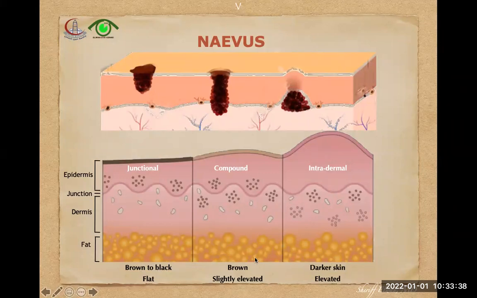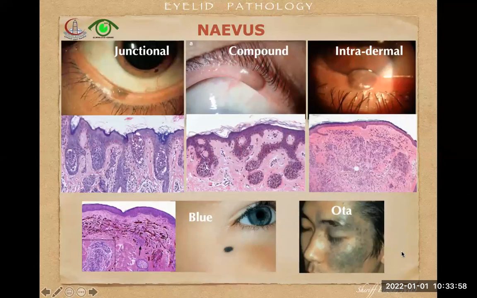This is brown to black, and this is darker, very dark, may look black, and elevation increases with transformation. The junctional is flat, the compound is slightly elevated, and the dermal is elevated. The junctional nevus, not elevated, brown in color. A compound nevus is elevated, and an intradermal lesion is very elevated.